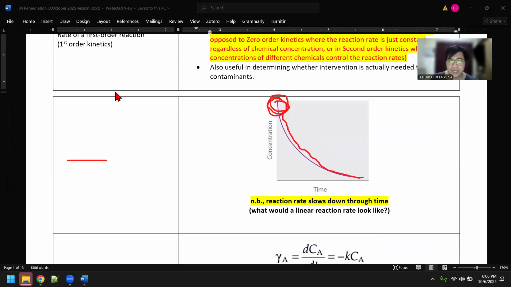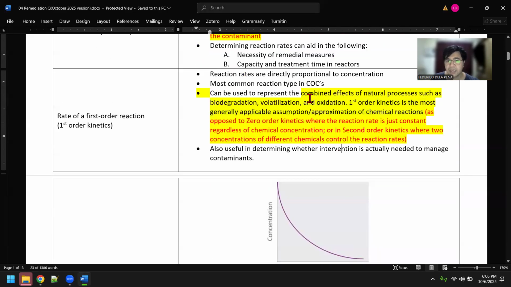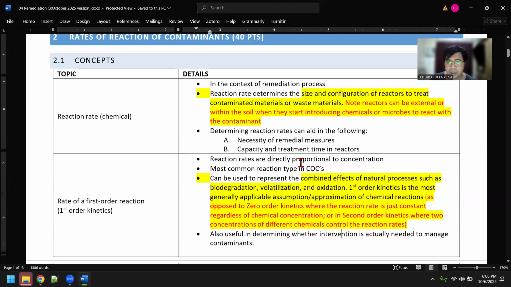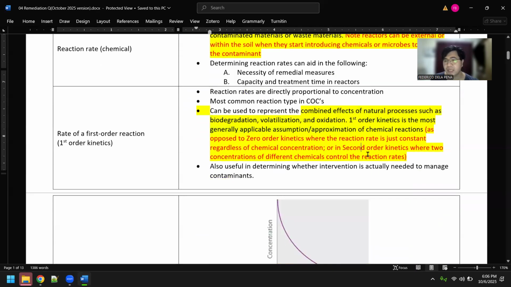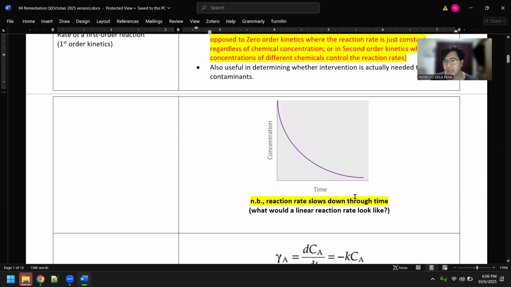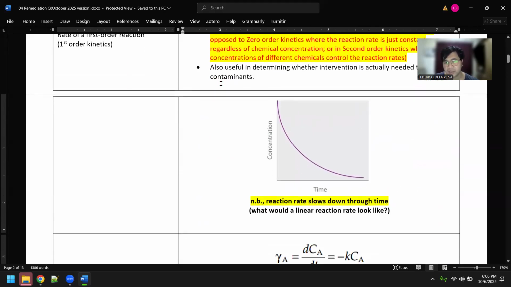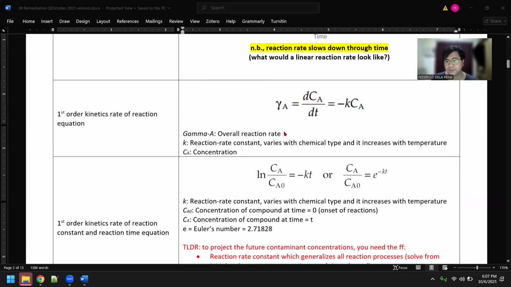So you have reducing concentration, and at the same time, the surface area involved in the reaction is also decreasing, right? And that means you have two factors which are decreasing over time: your concentration and your surface area, and that results in an exponentially decaying reaction rate or concentration. Okay.